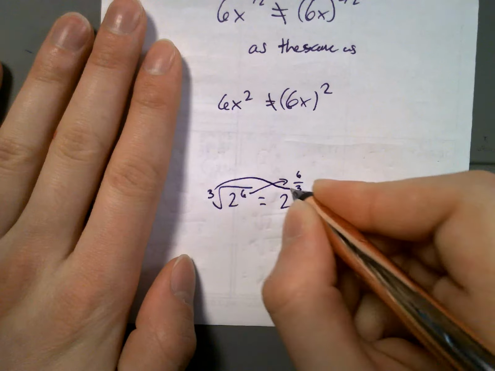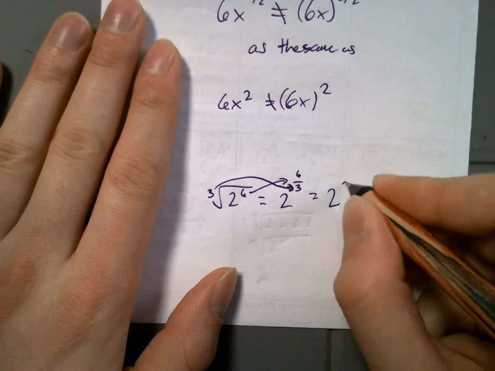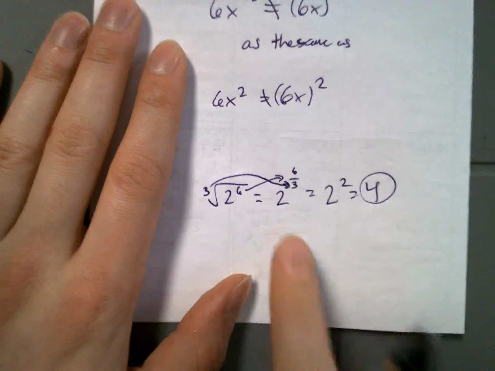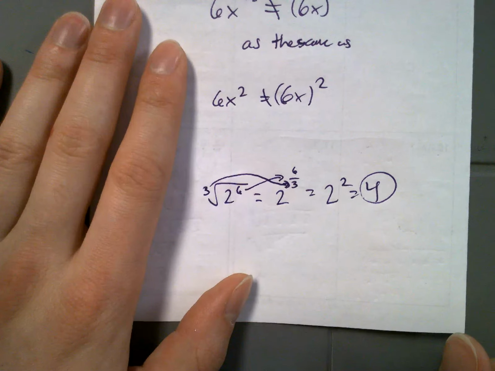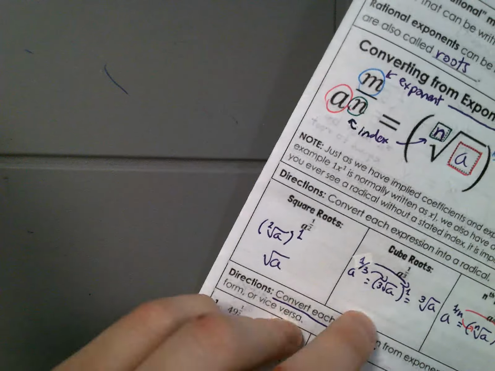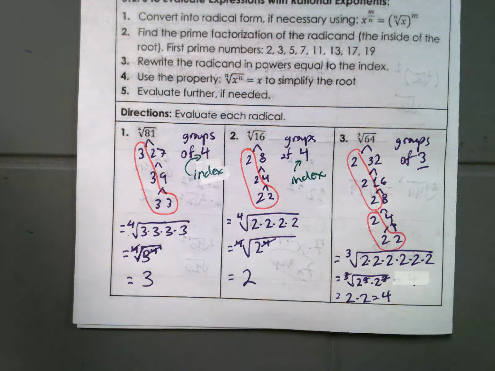There we go. And I get 6 divided by 3 is 2 squared, which gives me 4. And there's my answer again. Okay. So if you want to go this alternate route, perfectly fine. But just keep in mind that you're still going to have to convert it. With the other method, in terms of solving, you don't have to convert anything. Things will just cancel out on their own. Okay? And that pretty much completes that.